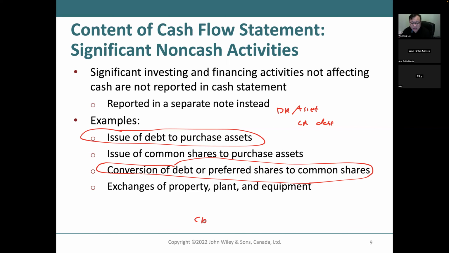So you credit your common shares. But with conversion of debt, you had debt before, and now you change the debt into common shares. So your debt decreased. You debit your debt. Again, there's no cash involved. There's no debit cash or credit cash. These are accounts other than cash in the journal entry.